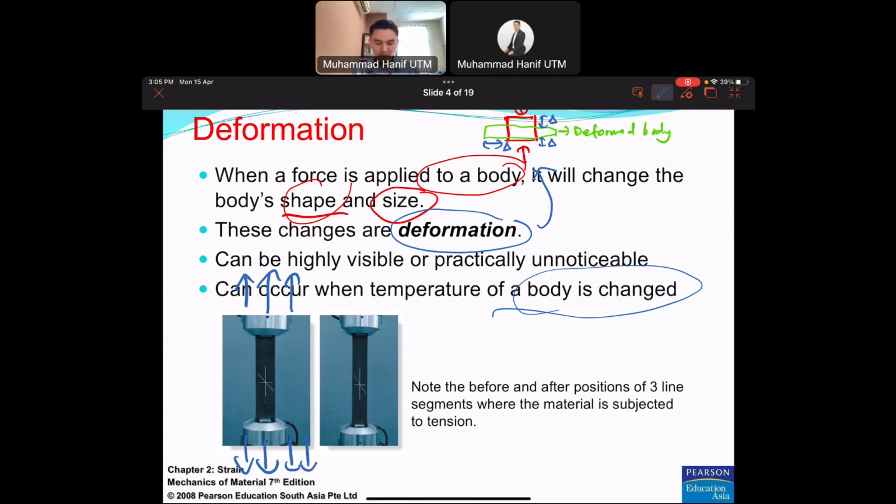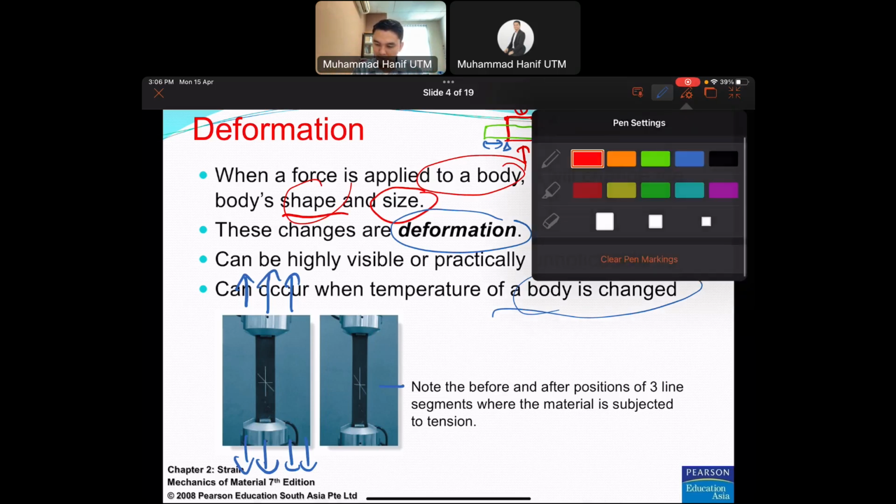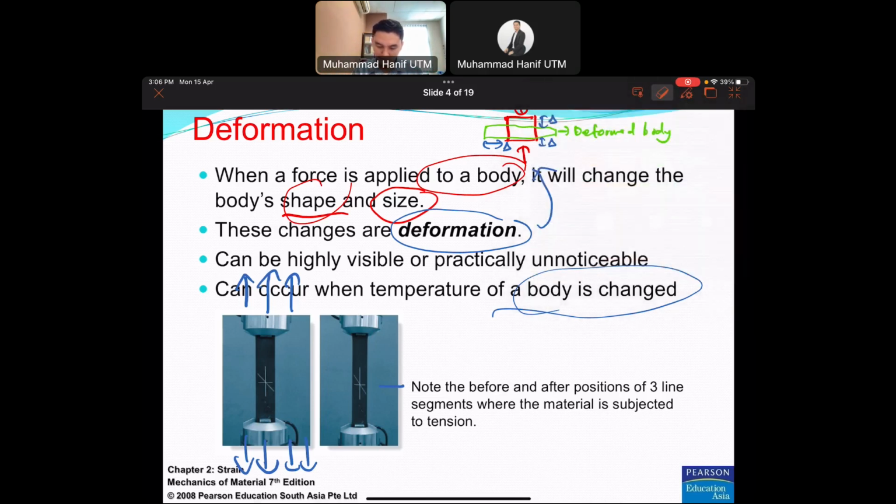When you do the tensile test, you can see the line changes as well. Especially for the horizontal line here, let me change the color. But before that, let me erase this one. Let me choose the pen.